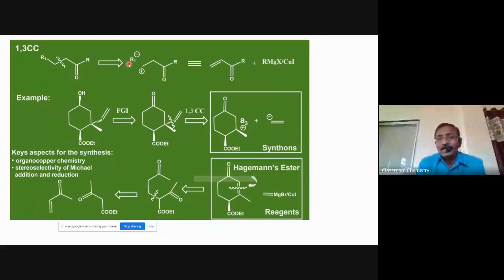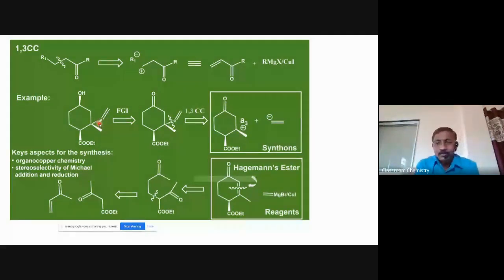Then again it is a Michael addition or 1,4 addition, and such kinds of reactions are present. Now we can take some more examples to illustrate this point. If you observe carbon 1, 2, 3, 1, 2, 3, again there is an olefin, and as it is an olefin, we have to disconnect this.